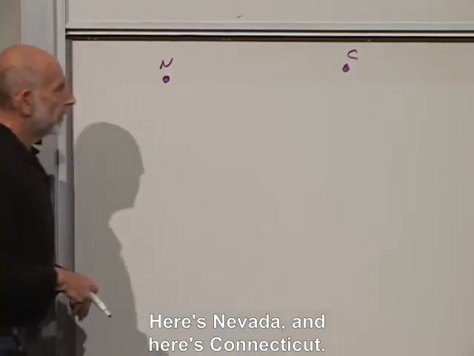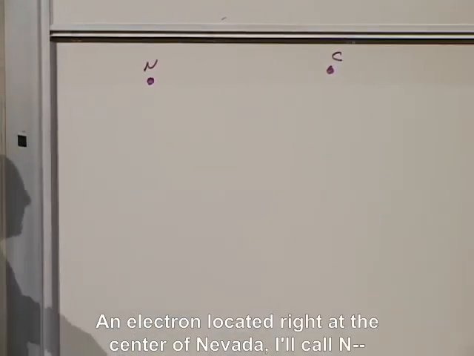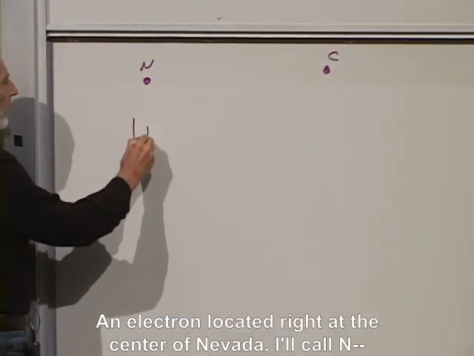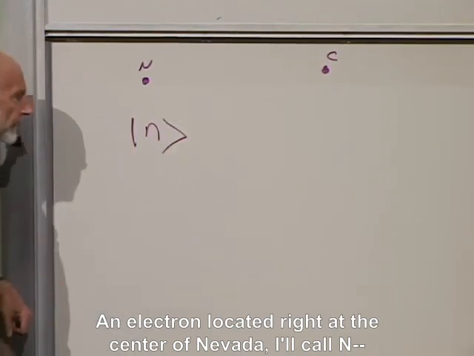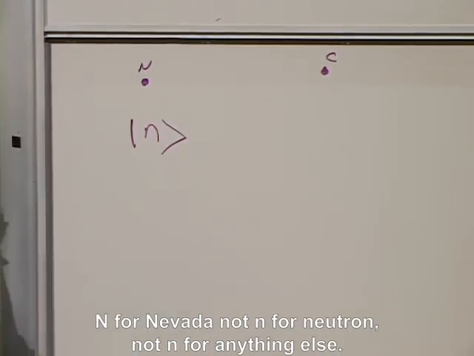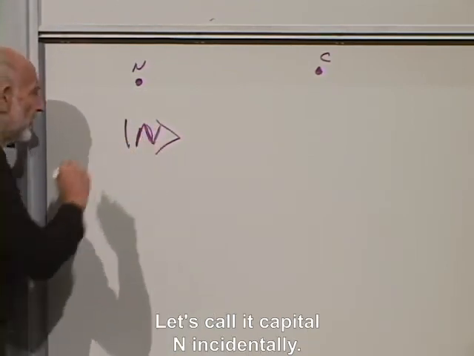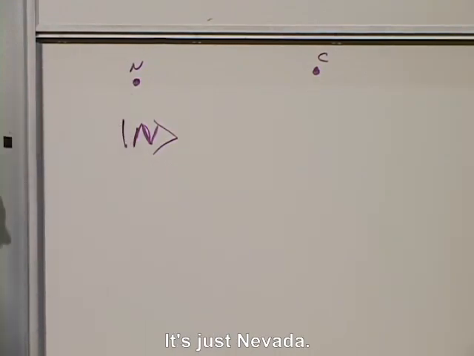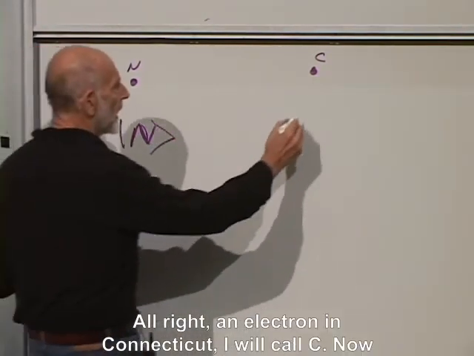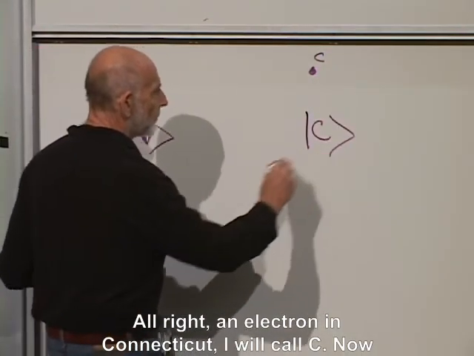An electron located right at the center of Nevada, I'll call capital N, incidentally. N for Nevada, not for neutron, not N for anything else. N is not an integer, it's just Nevada. All right? An electron in Connecticut I will call C.